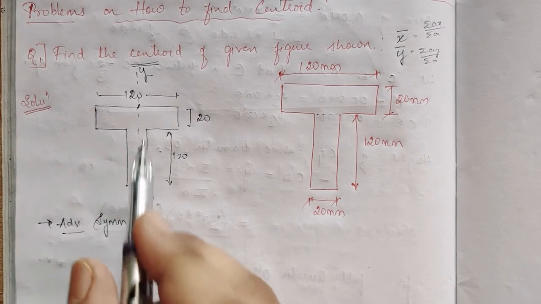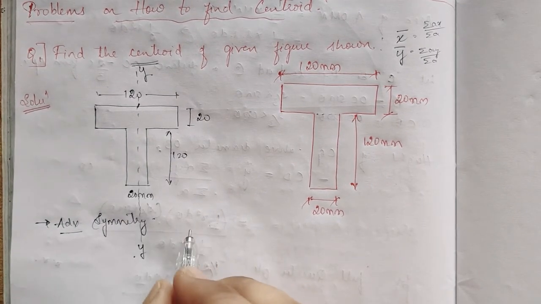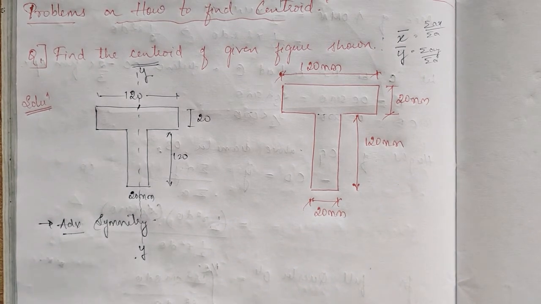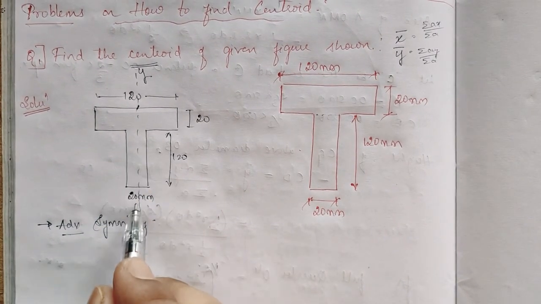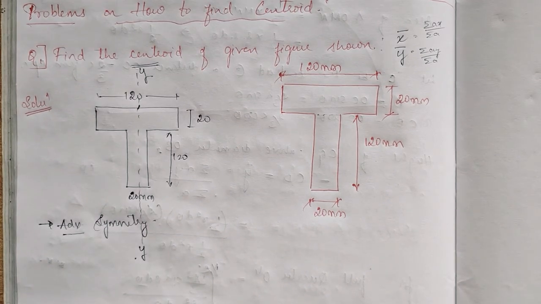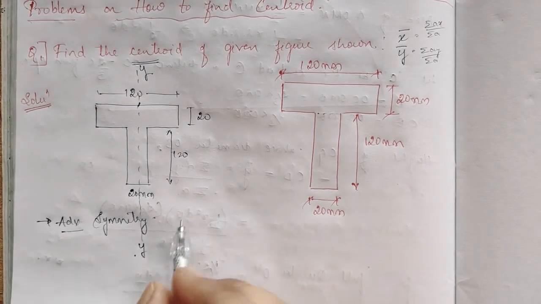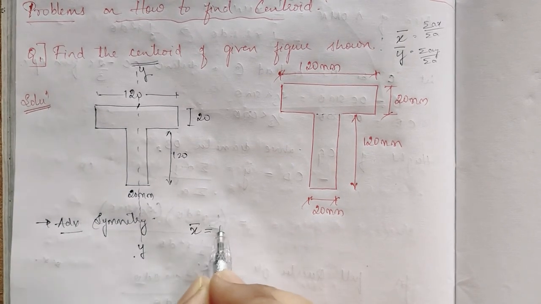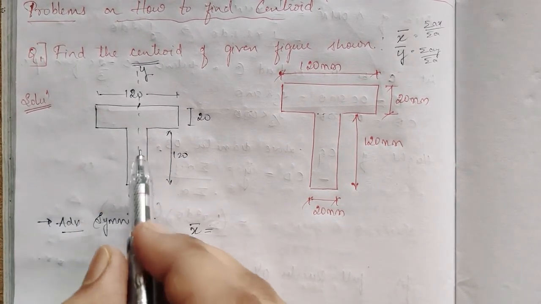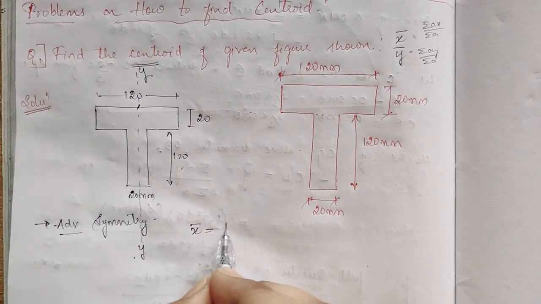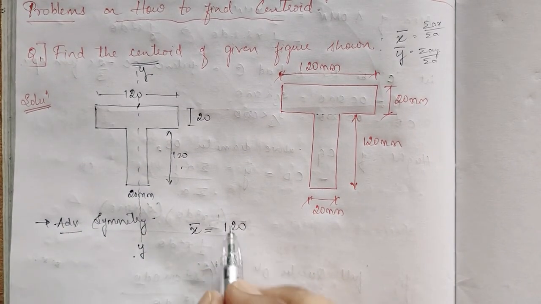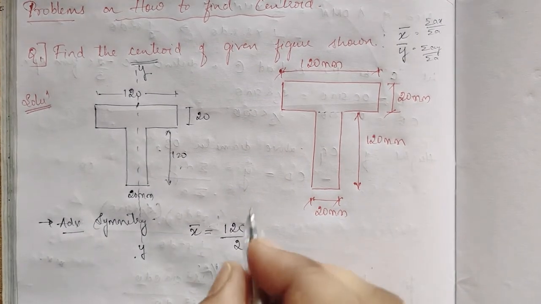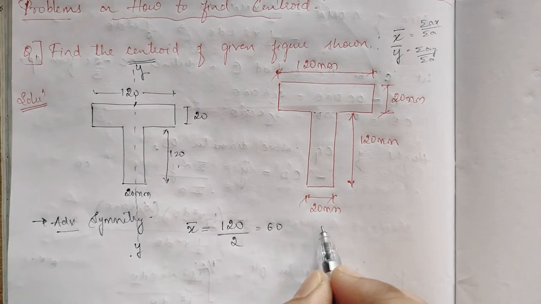Because of this symmetry, I have taken the axis of symmetry at the center. So the value of x bar we get directly: 120 by 2, so it will be 60.